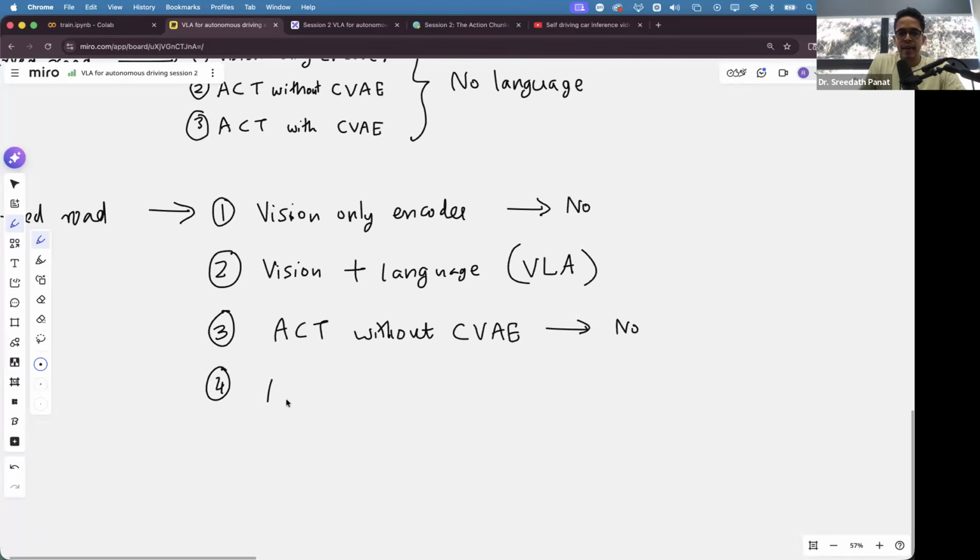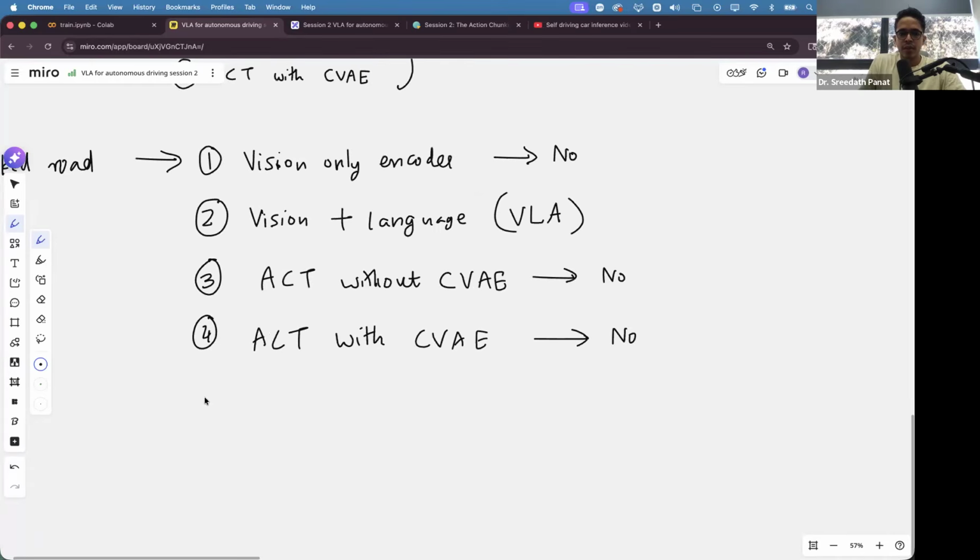Fourth is we can try action chunking transformer with conditional variational autoencoder, and this also has no language. Now come the 2 parts where there is language. ACT without conditional variational autoencoder, but plus language embedding.